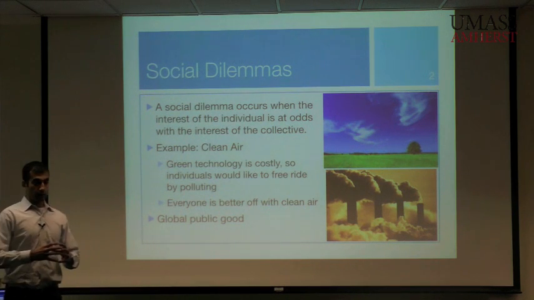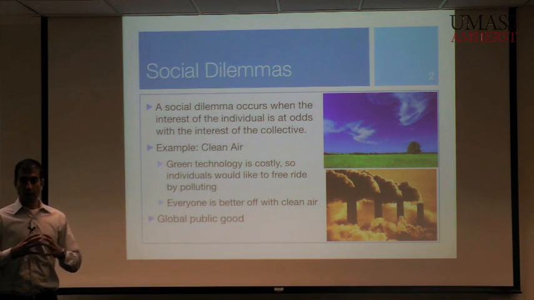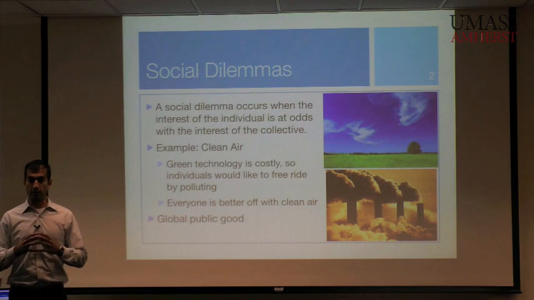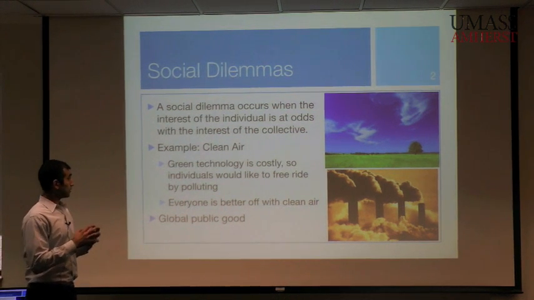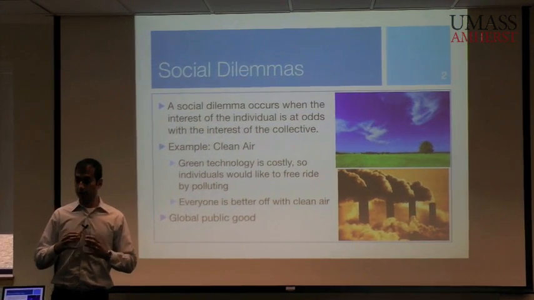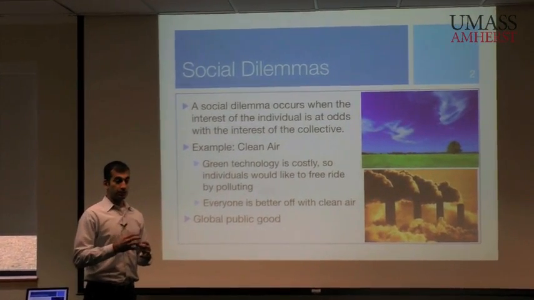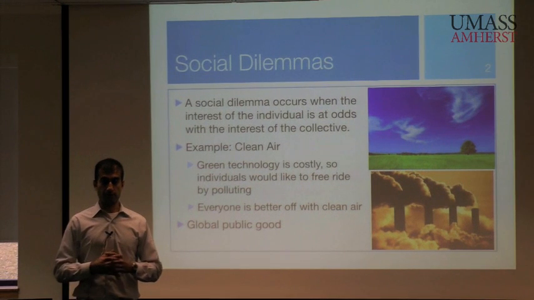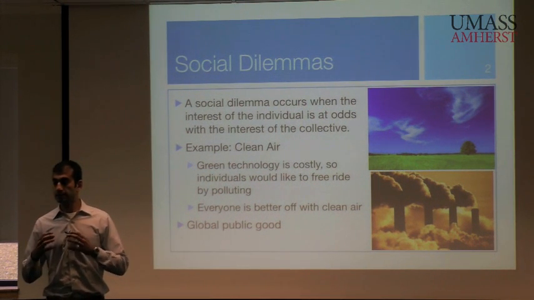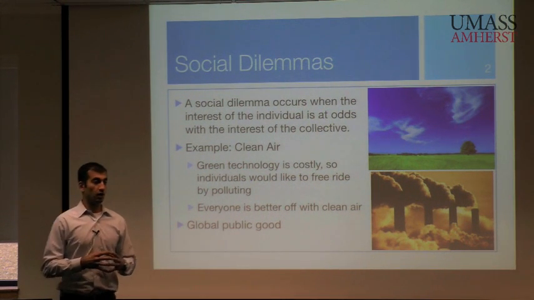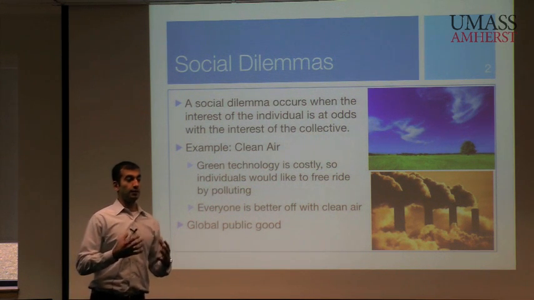The notion of a social dilemma lies at the heart of what I'm going to talk to you about today. A social dilemma occurs when the interests of an individual are at odds with the interests of the population that individual is a part of. One of the standard canonical examples of a social dilemma is clean air.